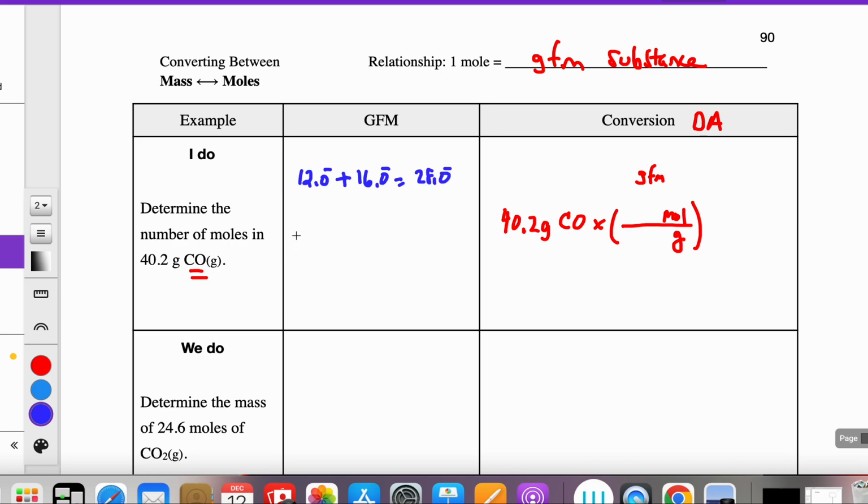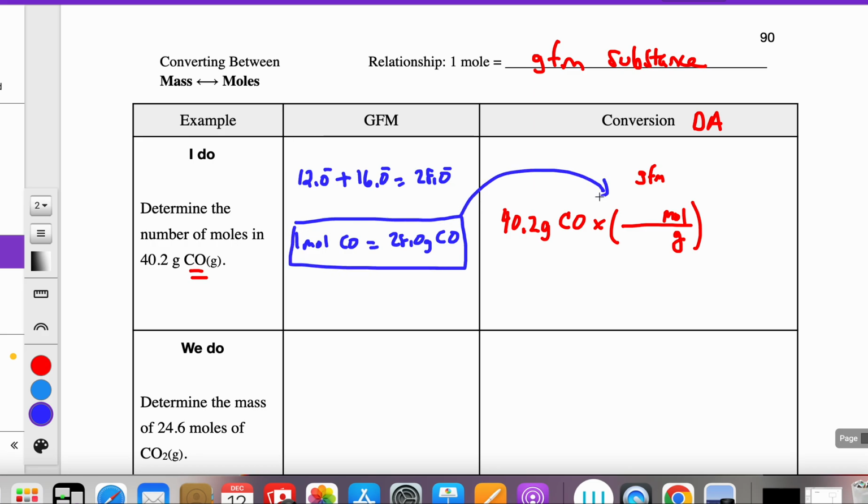So 1 mole of CO equals 28.0 grams of CO. This is the relationship that we use in the fraction in order to convert the number of grams we have in the lab to moles. So 1 mole of carbon monoxide has a mass of 28.0.